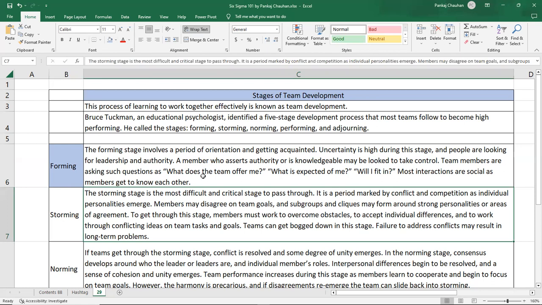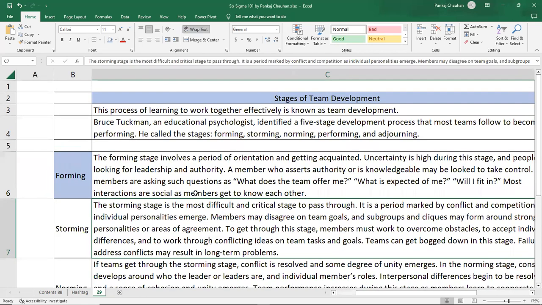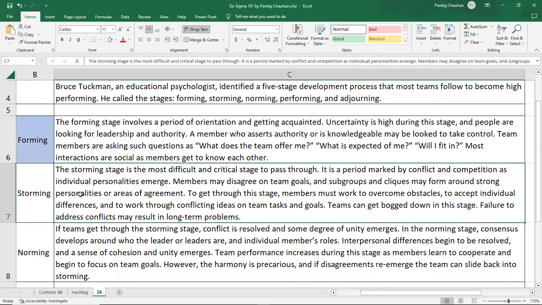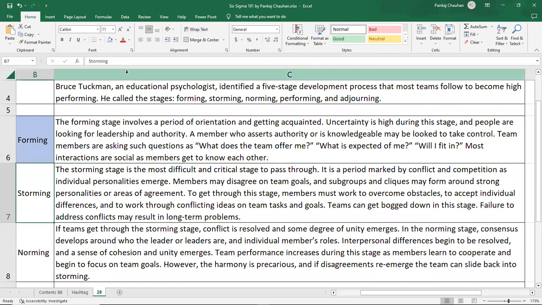Now the most critical stage in team development is the second one, called the storming stage. So what is the storming stage? The storming stage is the most difficult, critical stage to pass through. It is a period marked by conflict and competition. Individual personalities emerge. Members may disagree on the team goals, maybe within the group or outside the group.